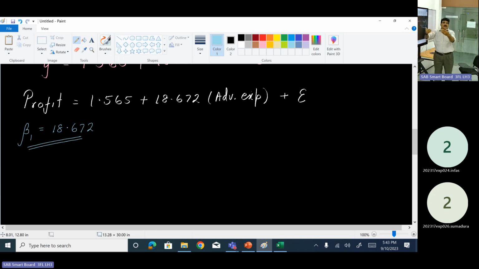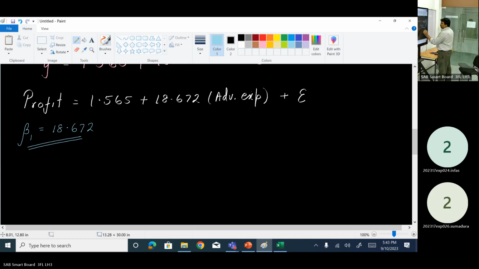So an extra million on advertising will generate an extra profit of 18.672 million on average. I'm not saying you have to put it in the same format, right? Get the idea, put it in a nice way. If the idea is valid, that's fine. That's all you need.